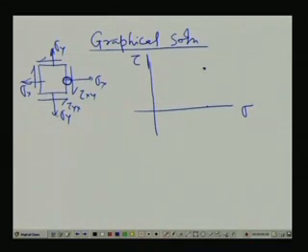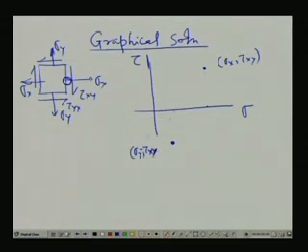This value sigma y and this tau yx is negative, assuming sigma y to be less than sigma x. That means this point is sigma x comma tau xy, and this particular one we can find out as sigma y comma tau yx or minus tau xy.